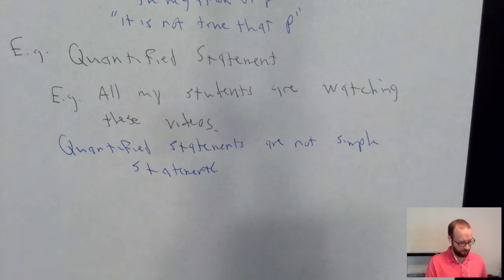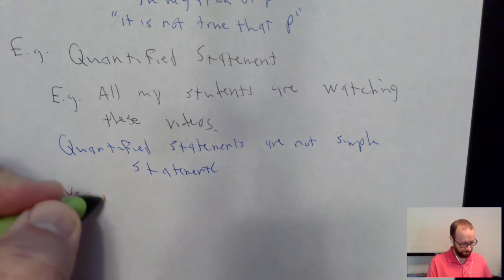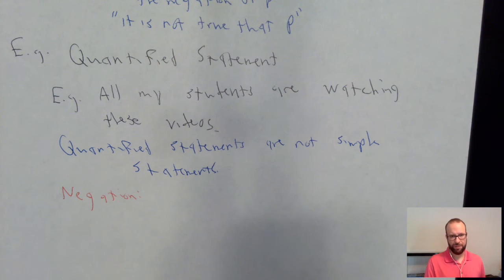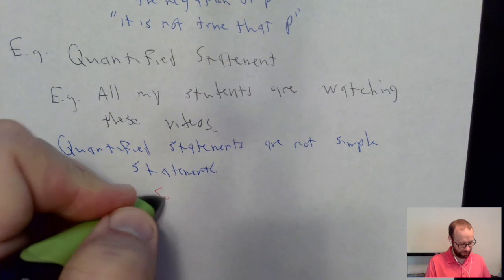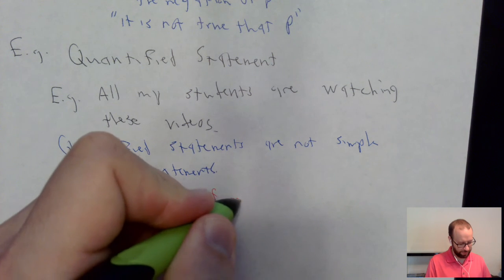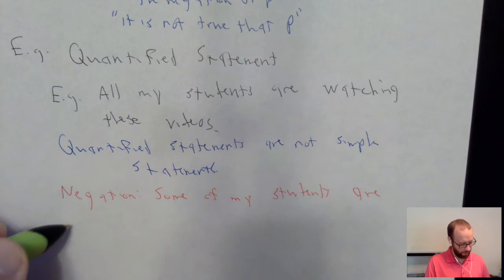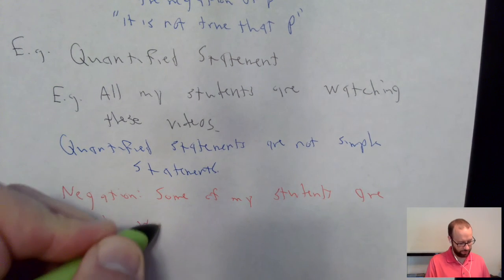We can negate them, however. That's the other thing we studied last time. And remember, to negate an all, we have to change it to a some and make it a not. So this would be "Some of my students are not watching these videos."